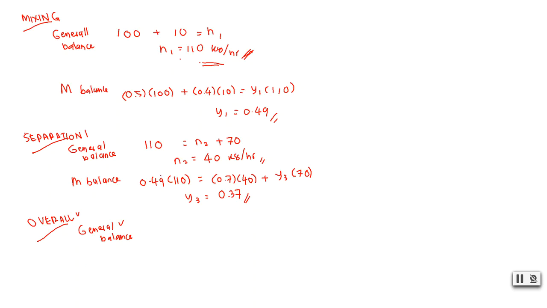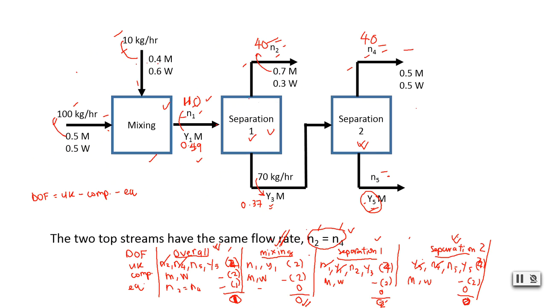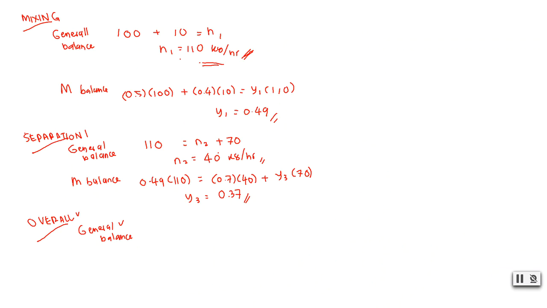What goes in is 100 times 0.5 and 10 times 0.4, and the streams that go out equal 0.7 times 40, 0.5 times 40, and then N5 and y5.